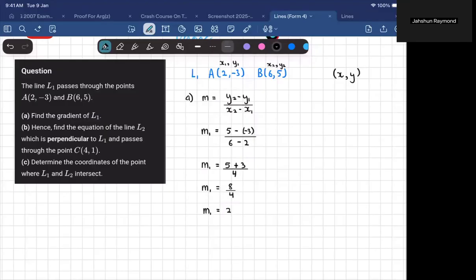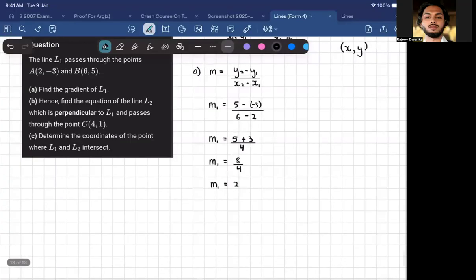I want you to read part B for me now. Hence, find the equation of the line L2, which is perpendicular to L1 and passes through the point C (4, 1). All right. So Jashon, in part B, they want us to find the equation for another line, L2. Now, what are they saying about L2?